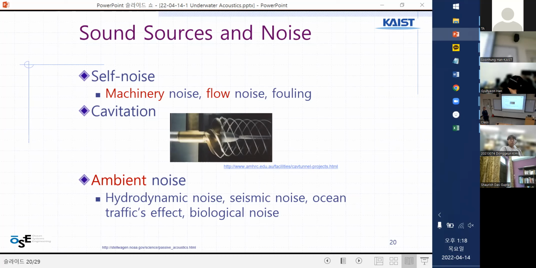And cavitation. Cavitation is something like the boiling of water. You may not have the experience, but we know that if we go up to a high mountain, say the Himalayas, 3,000 or 8,000 meters, the boiling temperature is lower than 100, right?